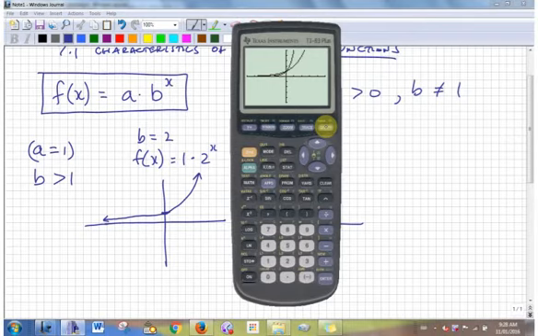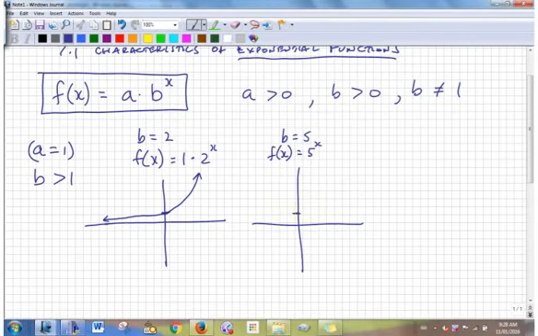Quite a bit steeper, right? Does that make sense? Because when I take powers of 5, 5 times 5 is 25. 2 times 2 is only 4. So it's going to get a lot steeper as x goes. But does it look like it goes through the same point here? It does.